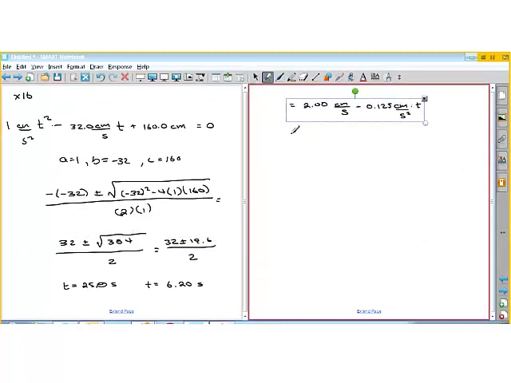So you should get a positive velocity at the lower time and a negative velocity at the higher time. So this is v of t. What we want is v of 6.2. So we get 2.00 centimeters per second minus 0.125 centimeters per second squared times 6.20 seconds.